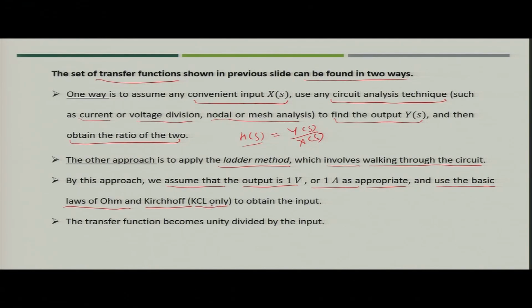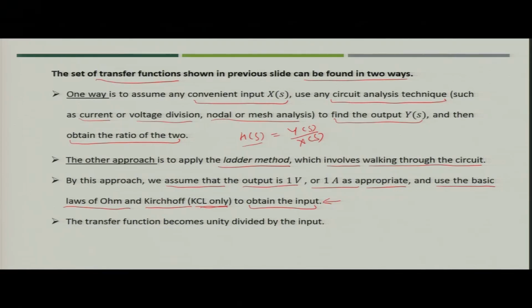Generally we use only Kirchhoff's current law because it is more convenient in walking through the circuit, and then we obtain the input. It means we are starting from the output and using the circuit to find what would be the corresponding input for the output given to the circuit.